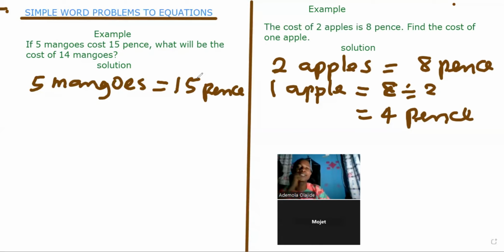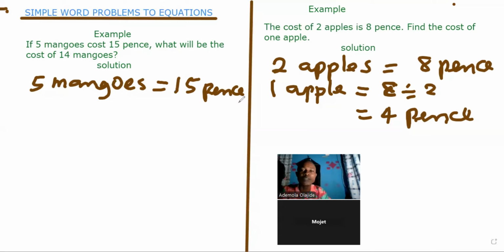And you want to get the value of 14 mangoes. Are you listening? Please, I want you to listen. 5 mangoes cost 15 pence. I want to get the value for 14 mangoes.